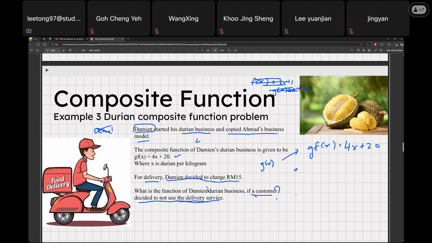You know that g(x) is x + 15, because of the delivery. So how do we get f(x)?